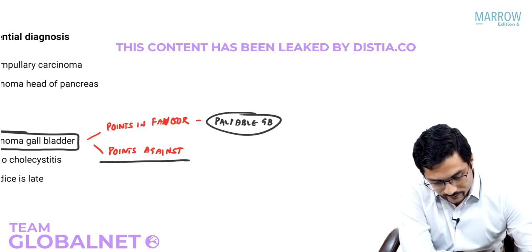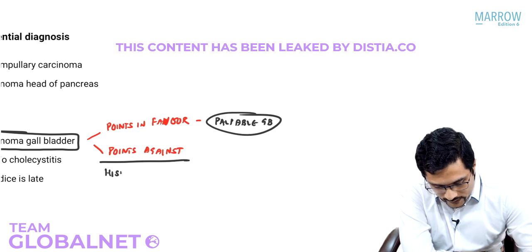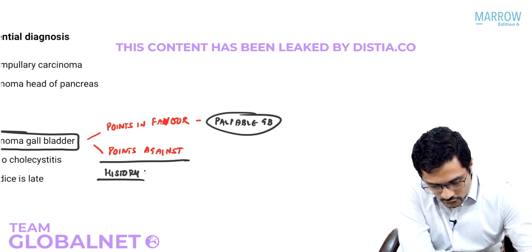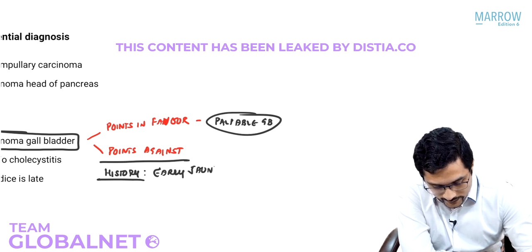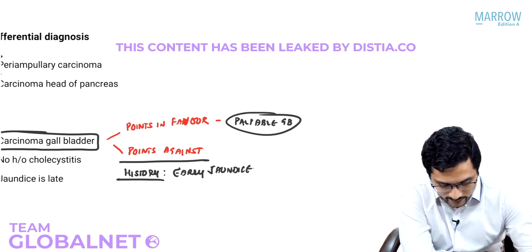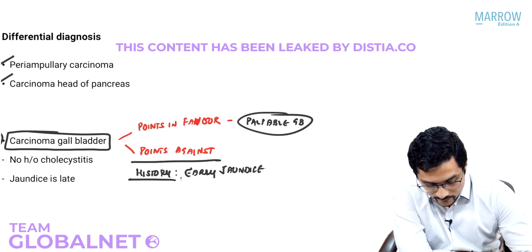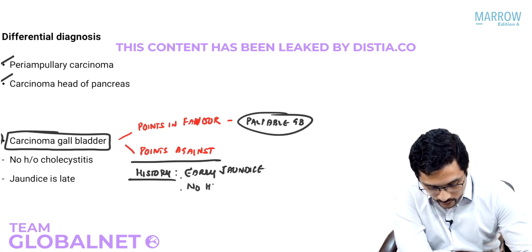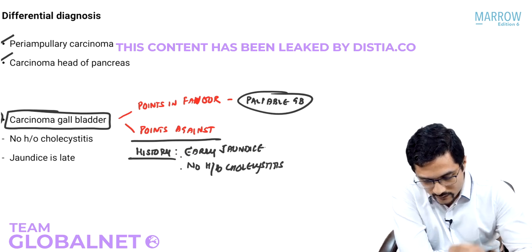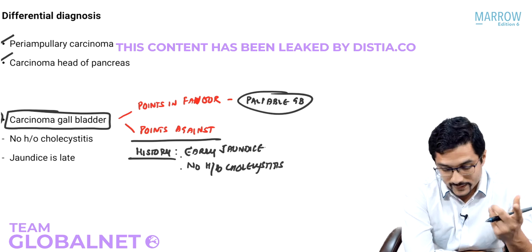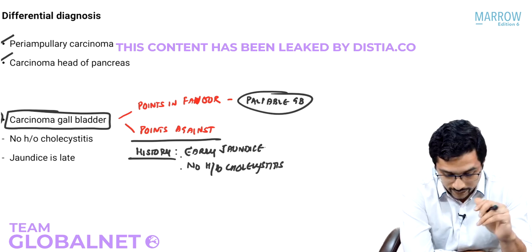Points against: in history, there is early jaundice in this case, whereas in carcinoma gallbladder, there is late jaundice. There is no history of cholecystitis. I told you no acute pain was there.